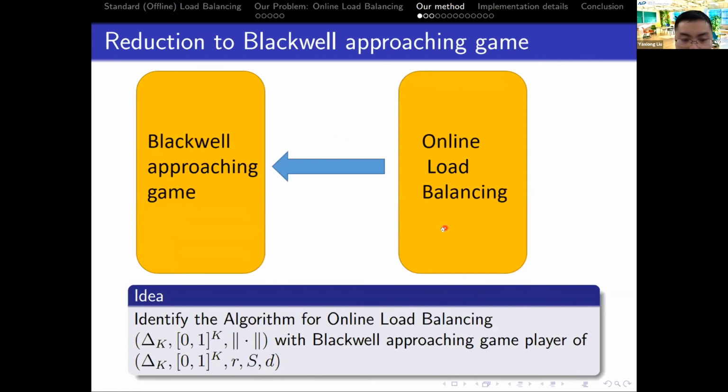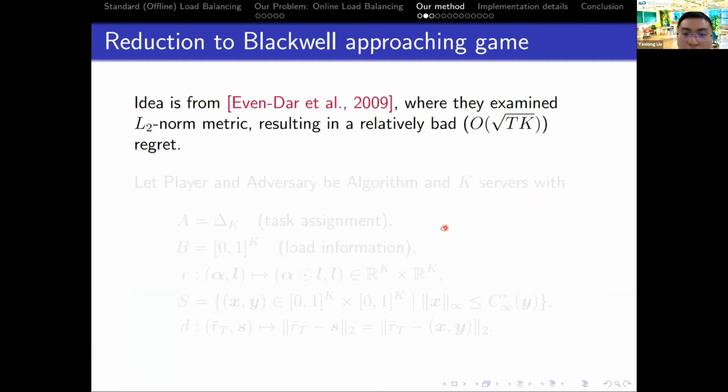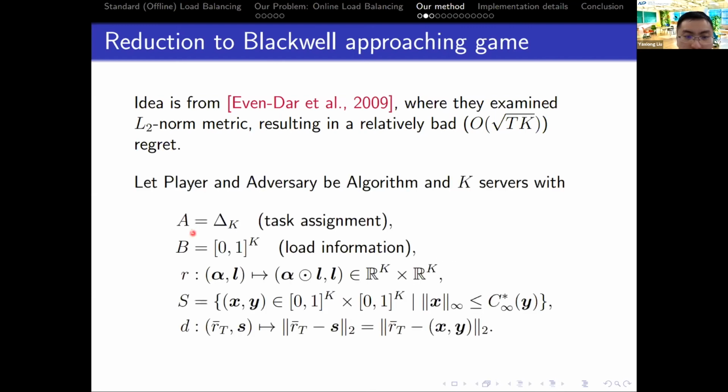This idea is very trivial. We just identify the algorithm for online load balancing with a Blackwell approachability game. And this idea is also used by Evan Dan, but he only examined the L2 norm, which has a relatively bad regret, square root of T times K. Here A is the task function with the distributions, and B corresponds to the load information vector.